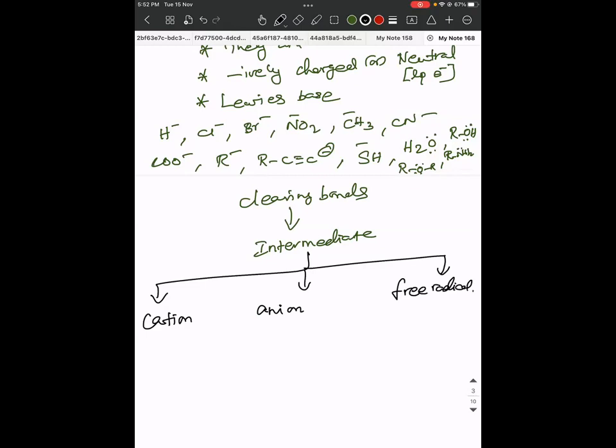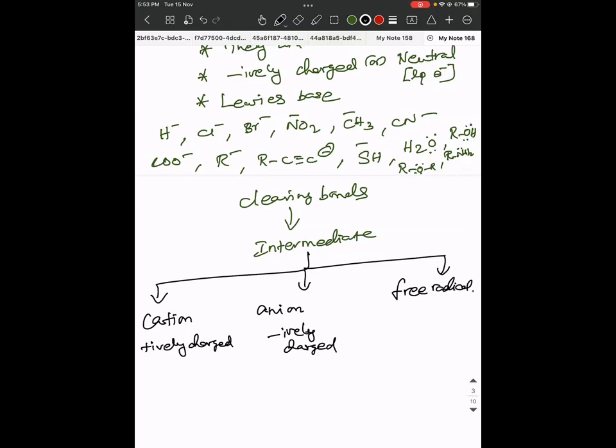You tell me, what is cation? Cation is positively charged. Anion is negatively charged. Is that nucleophilic, an anion? Is that electrophilic, a cation? Now I'm saying carbocation.